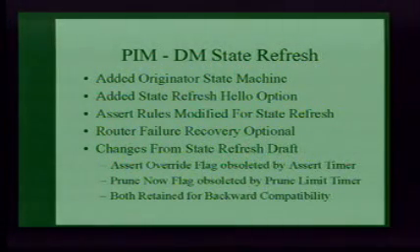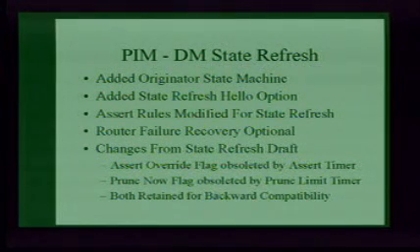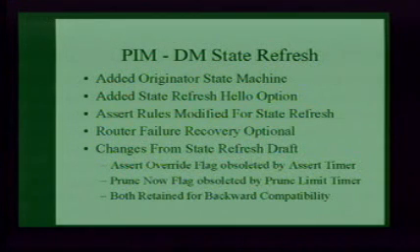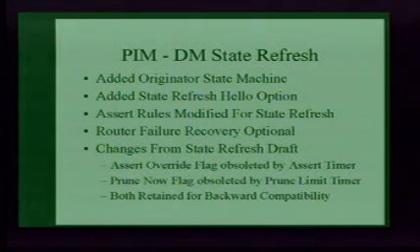So essentially, we folded those in, and when a router receives state refresh with those flags, it essentially ignores them and just pays attention to its assert timer, but it does send them downstream for backwards compatibility.